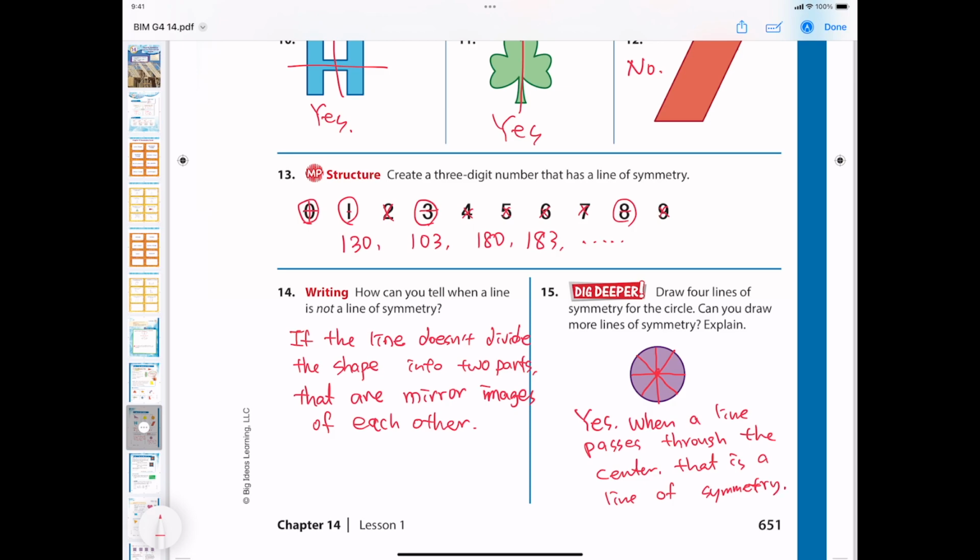So as long as that line passes through the center, you can create, let me say, countless lines, because you cannot count how many lines of symmetry you can find in a circle. Even if you look through a microscope, maybe you can still draw more lines, okay? All right.